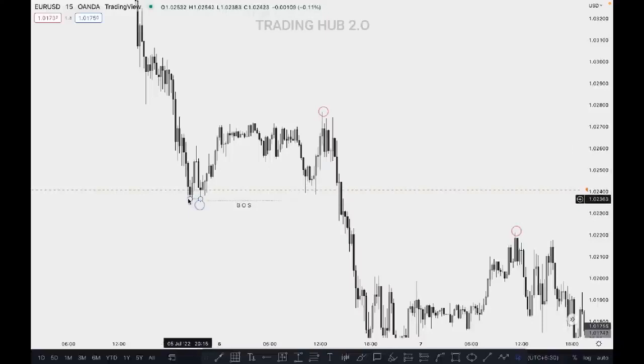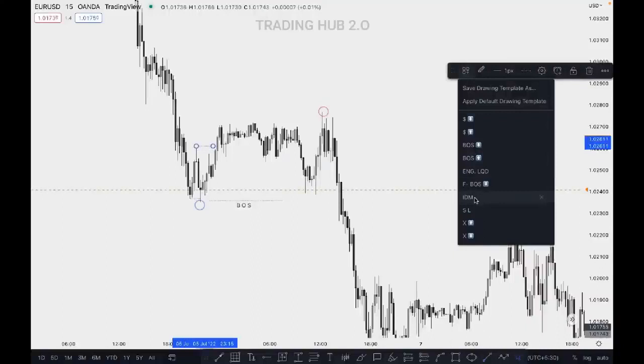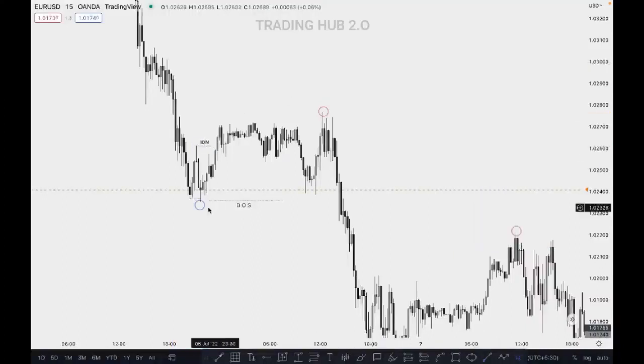Why? Because the market took out the previous low here, and then the market took out this inducement, correct, and after taking out this inducement, this low is confirmed. So this becomes our lower low, and where is our next POI where we can sell?